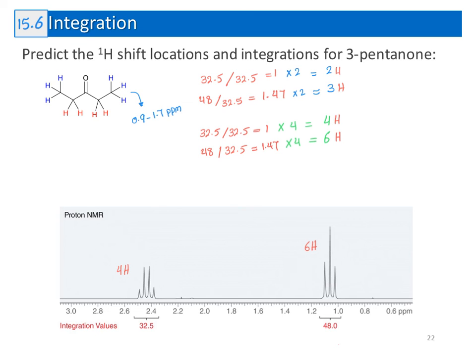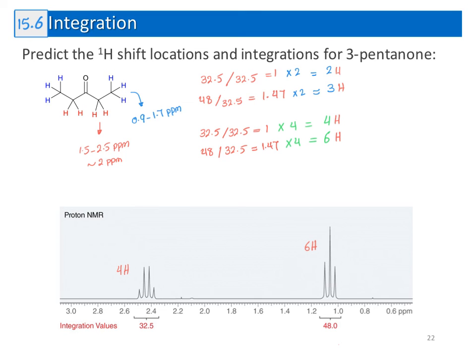Now for the red hydrogens, these hydrogens are connected to the carbon, which is connected to the carbonyl group. So we expect to see them at around 1.5 to 2.5 ppm. Majority of the time it is about 2 ppm, but it depends on the structure.